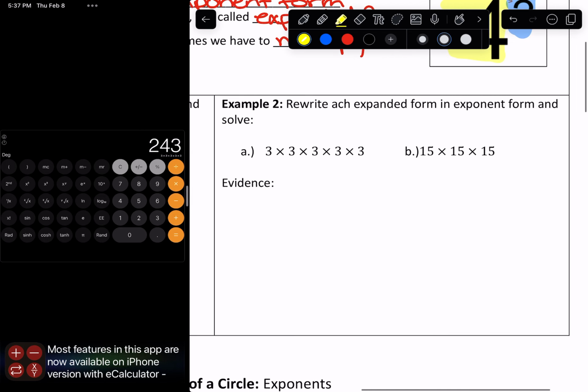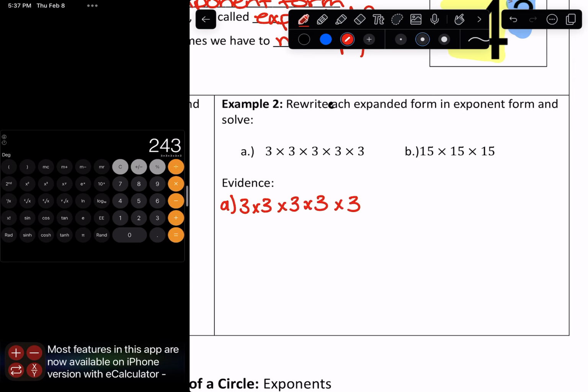Next, I have example number 2, which is rewrite each expanded form in exponent form and solve. So we have 2 examples here. A, which says 3 times 3 times 3 times 3 times 3. 1, 2, 3, 4, okay, 5.